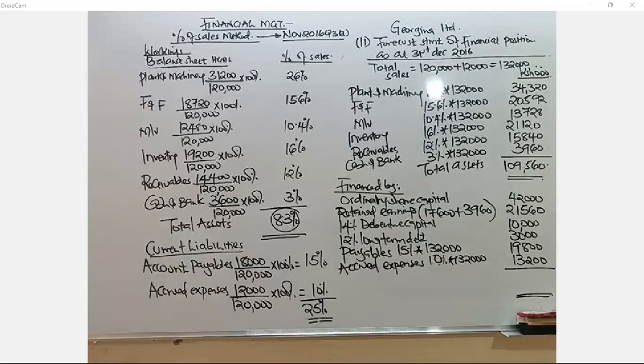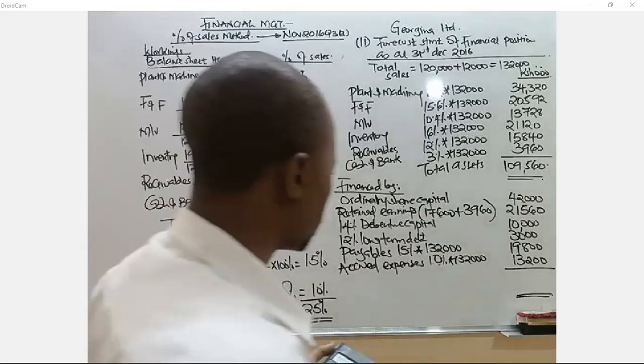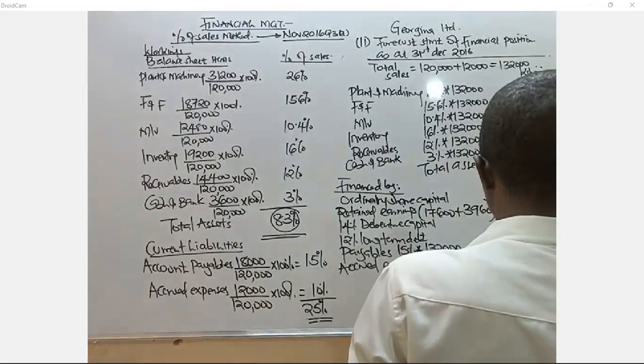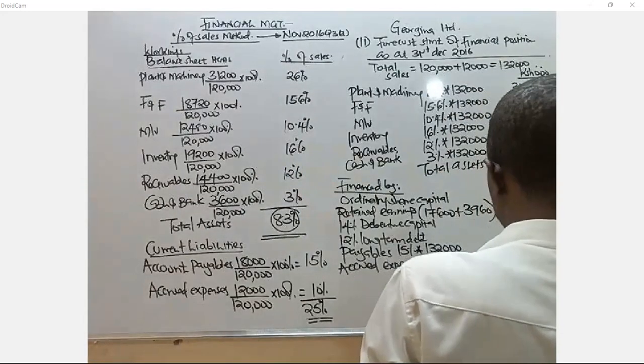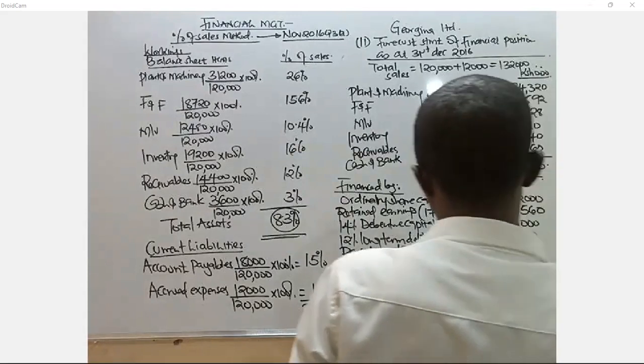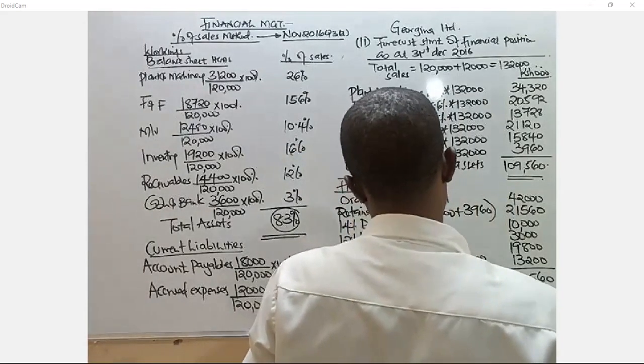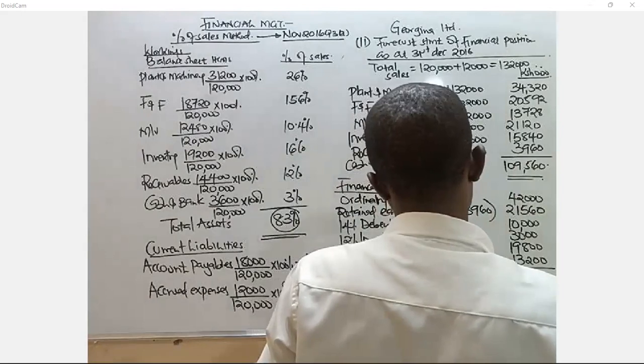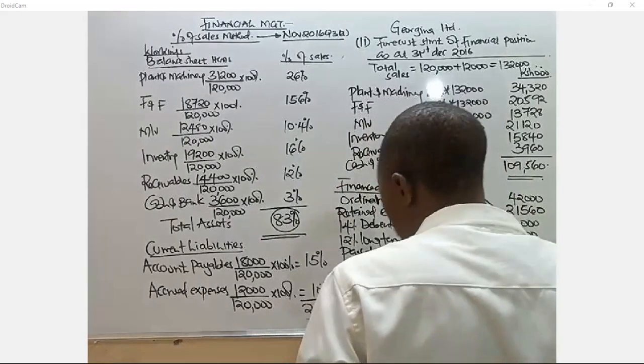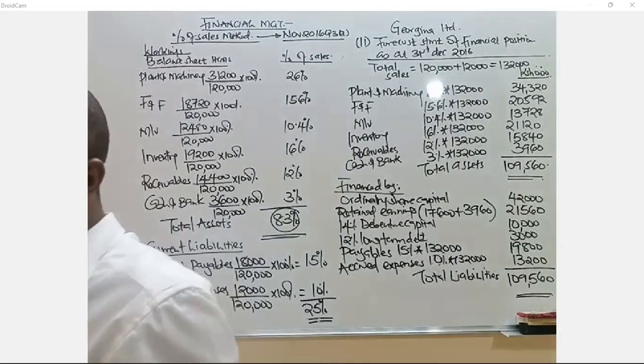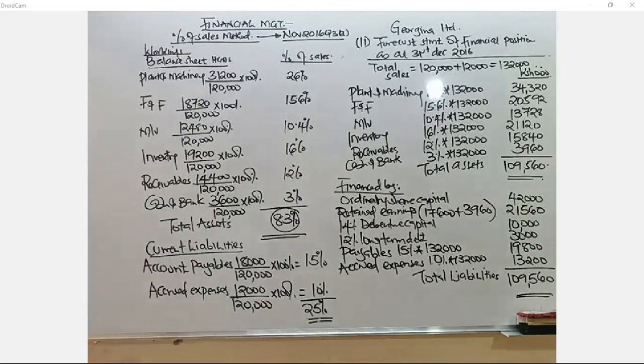We are getting 109,560, which is equivalent to what we got as our total assets. That is how you normally compute it. You see, I was not able to do any adjustments whatsoever.